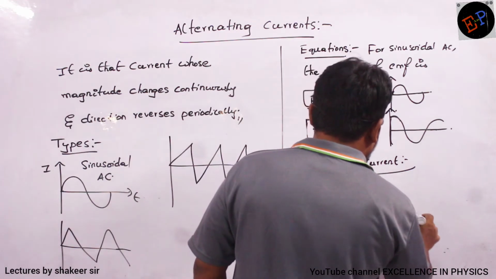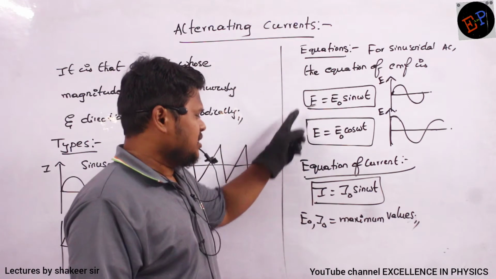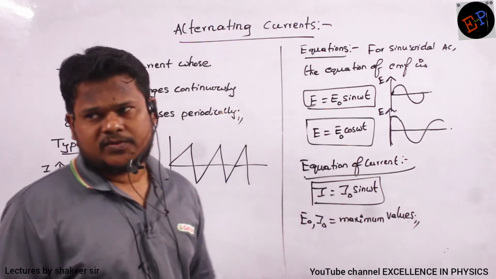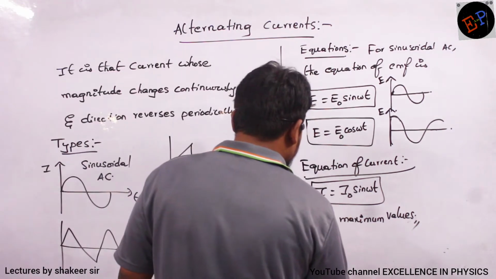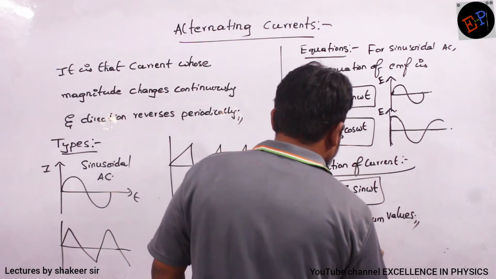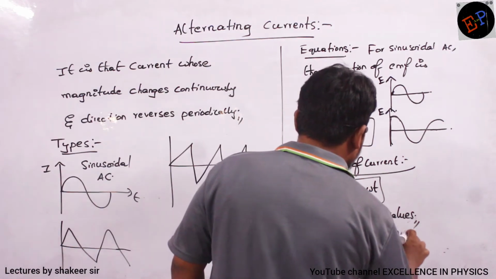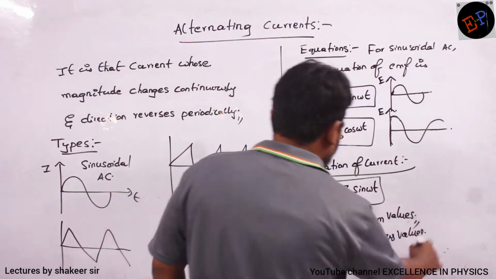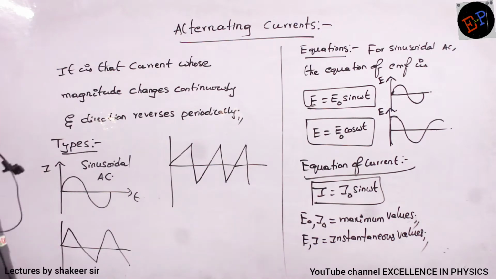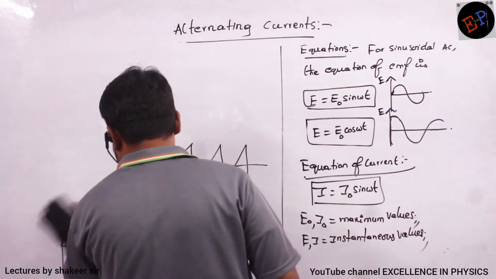What is meant by E naught and I naught, ma? Maximum values. Whereas E and I, they are instantaneous values. So what is E comma I? Instantaneous values. Are you able to understand? Instantaneous values means what? Values at a particular instant.